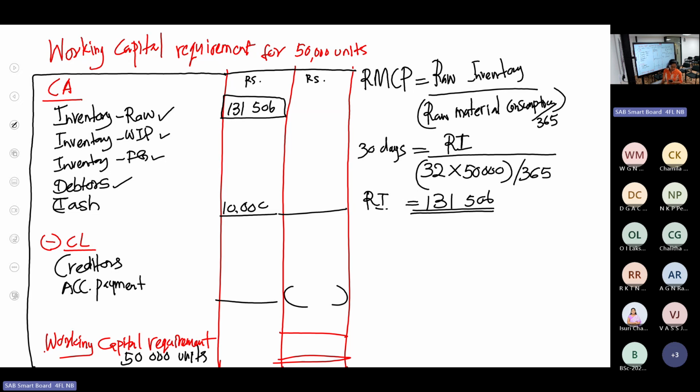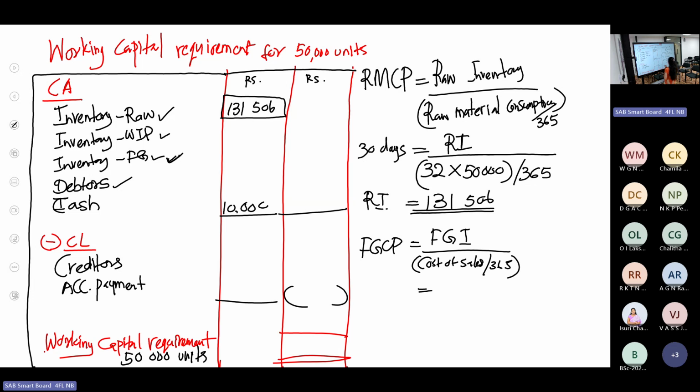Then, as per the information, the second one, finished goods. Now we know finished good conversion period equals FG inventory. Where we are right now, this is what you have to find. How can we find it? Finished good inventory, cost of sales, divide by 365.